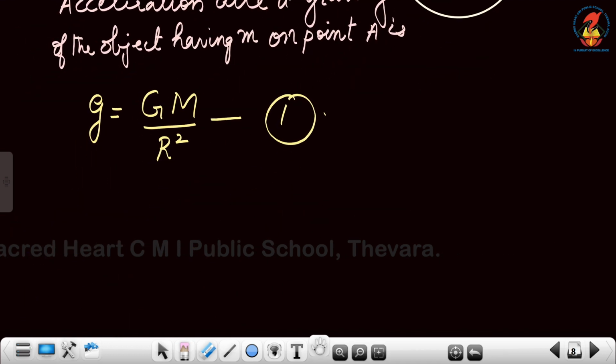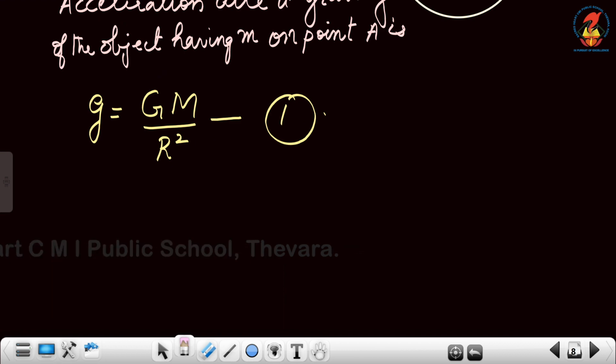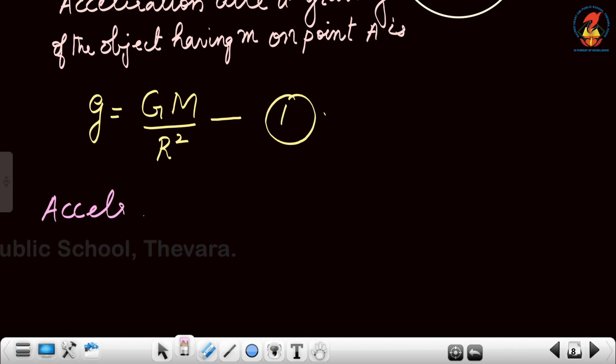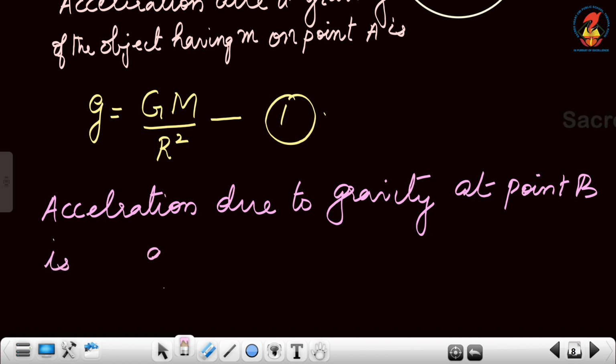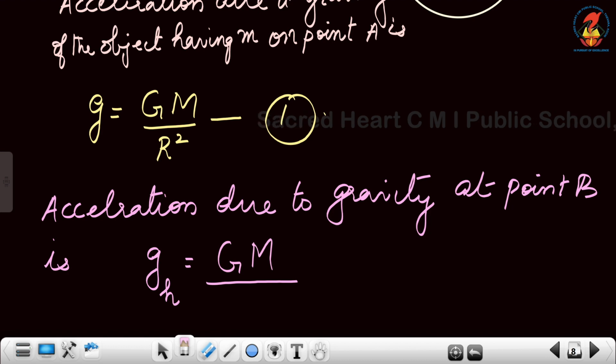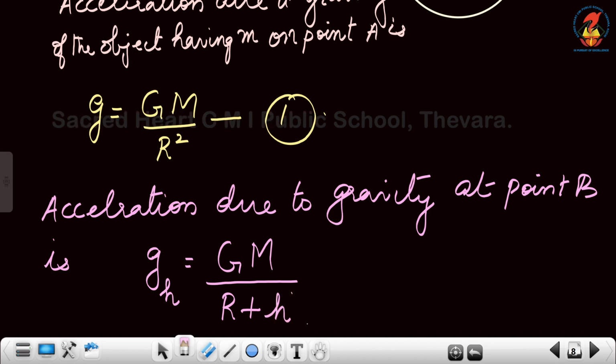Therefore, acceleration due to gravity for the object at point B, I am going to denote it by g small h, g h is equal to G M divided by R plus h the whole square.